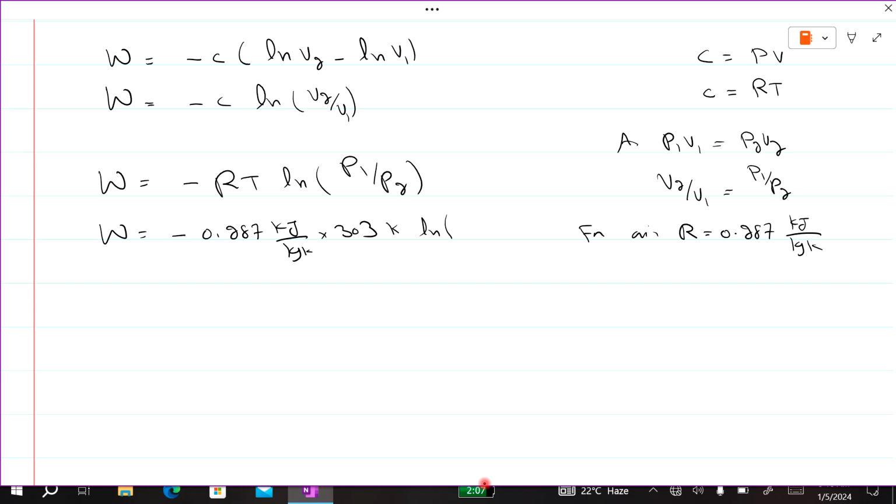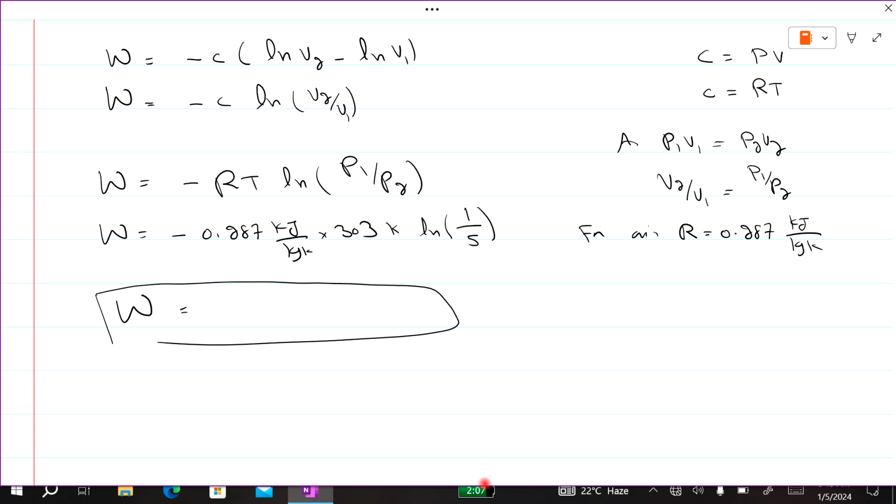P1 is equal to 1 bar and P2 is equal to 5 bar. If we solve this, it is a simple calculation. So the final answer for W will be minus 140 kilojoule per kilogram.